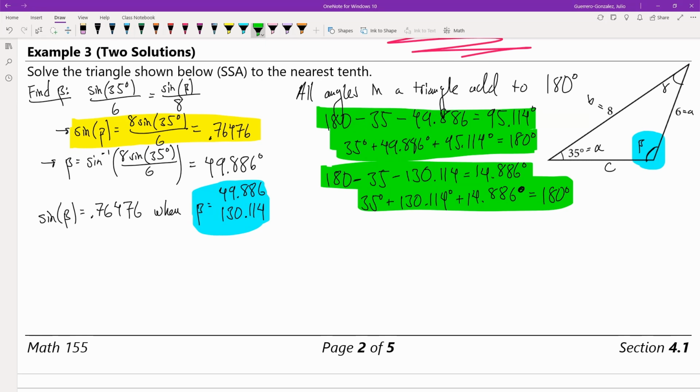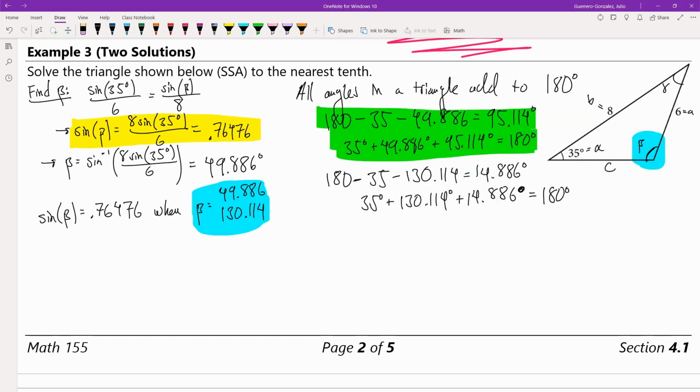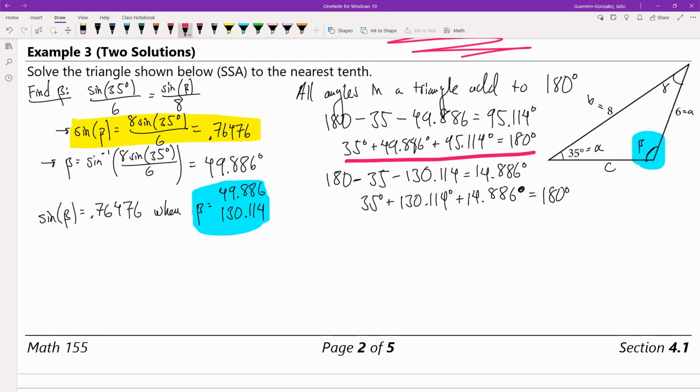Hopefully everybody's been able to follow along up to here. I'm going to do two triangles, there's going to be this one and then this one, and I'm going to do them in the colors that I just highlighted them in.